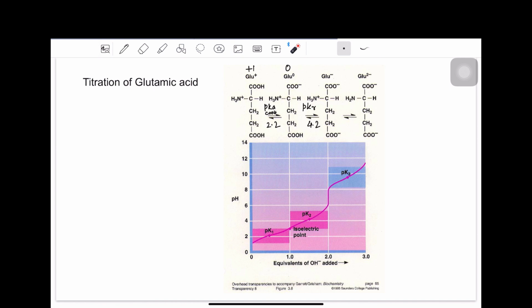So now, what is the net charge on this molecule? There are two negative charges and one positive charge. So therefore, +1 -2, which means the net charge of this molecule is -1, right? And finally, at a very high pH, that is when the pH is greater than 9.2, the alpha amino group will also lose its proton.